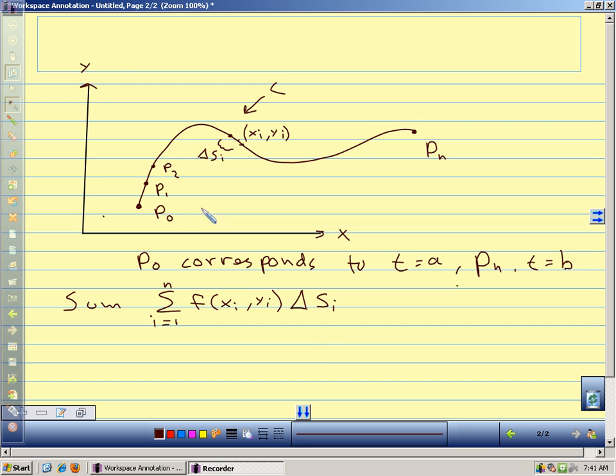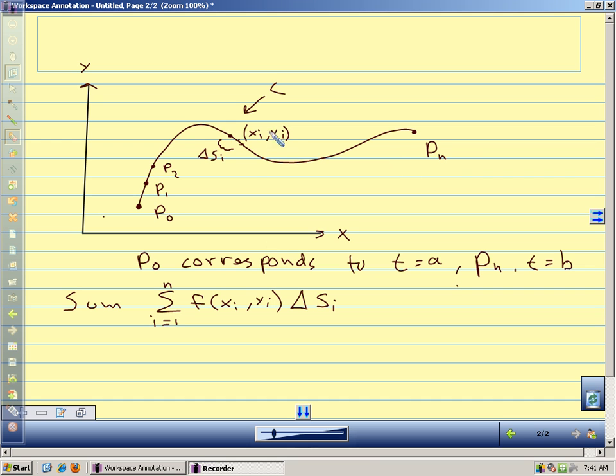Again, if this were a wire with a density function f of x, y, this sum would give us the mass of the wire. The density function is a function of position, so the density times the little piece of length would be the mass, and we're going to sum it over the length of the wire.